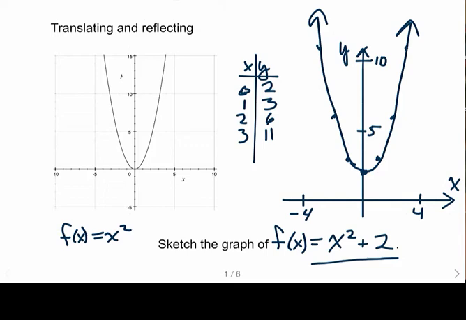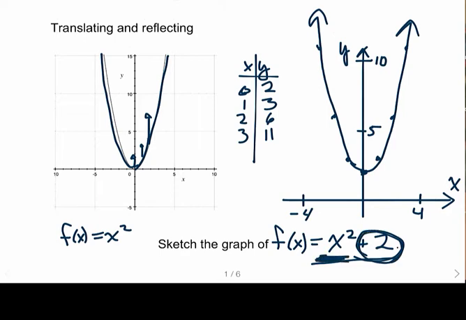I think that's about as good as I'm going to get right now. What you can hopefully see is that it's the same shape as what we have in this other graph, the computer generated one, but each point has been moved up by 2 units. In other words, this is what happens when we add 2 to the previous y values.